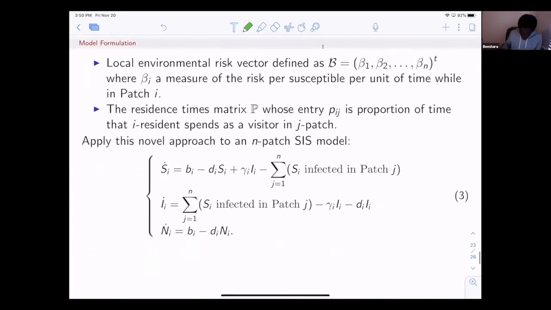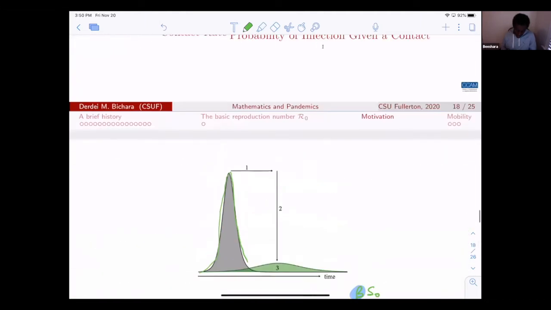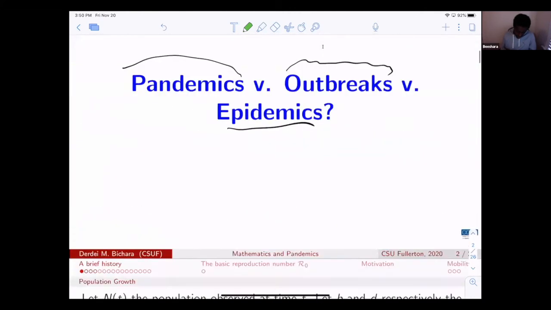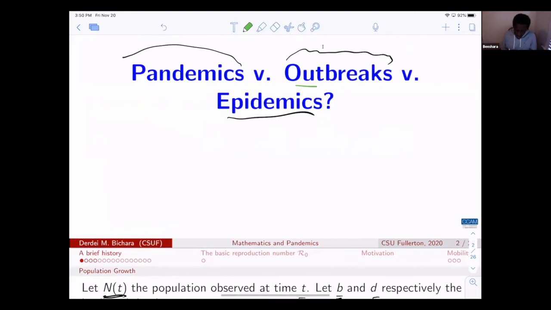Okay. So typically, if we have this S, I, and N, okay. And here we have birth rate and we have death rate as well. And if you guys remember, right, if we are doing outbreaks and pandemics, we suppose that the duration of these outbreaks are short enough that we don't need to include the birth rate and death rate.